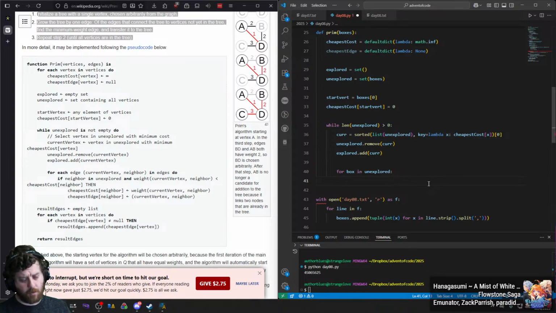In unexplored. Sorry, I've never actually implemented Prim's algorithm, and I'm trying to implement it on an implicit graph, so it's taking a little bit of brain power here.